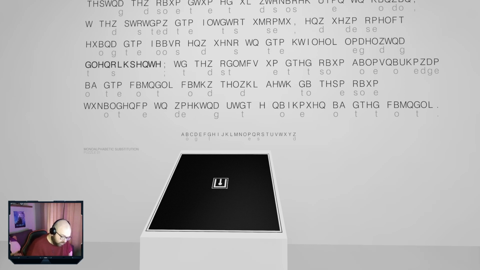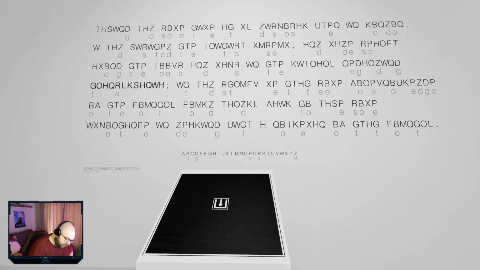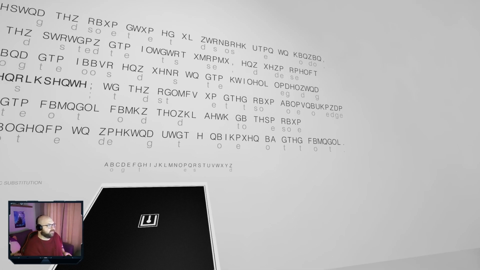So X is M, which then makes WI, which then gets us a letter in our keyword, which is I. So we've got a TASI. So what else can we grab?